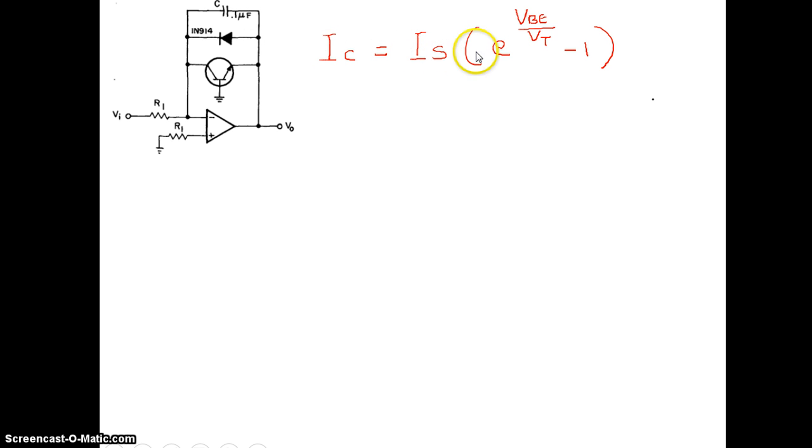So IC is the collector current, and IS is the emitter saturation current. VBE is the base to emitter voltage.